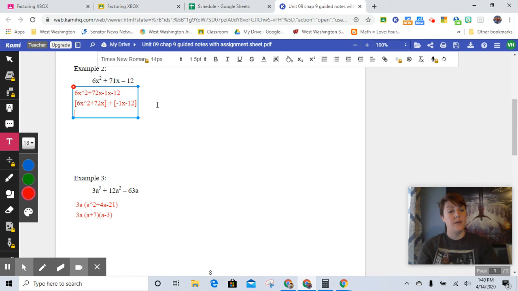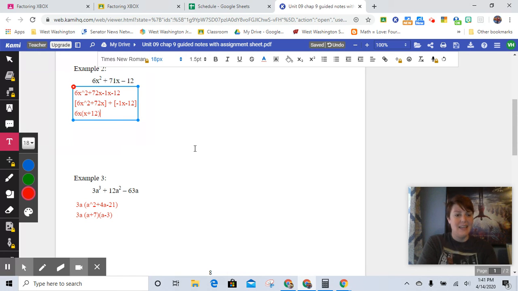Okay. So the next line, let's factor out the greatest common factor. The biggest thing that goes into 6 and 72 is going to be a 6 and then the x, because they both have at least one x in their terms. And when we factor that out, we are left with x plus 12.